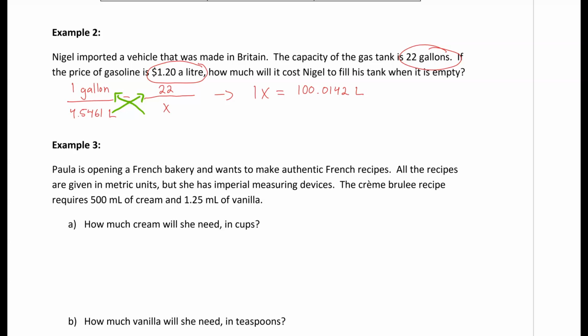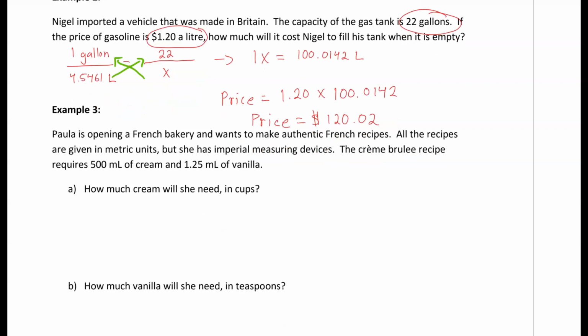So we take our price, which is equal to $1.20 per liter multiplied by 100.0142, and we find out that to fill up our gas tank from completely empty, it's going to cost us $120.02. And remember, we're always going to 2 decimal places because we are dealing with money here.